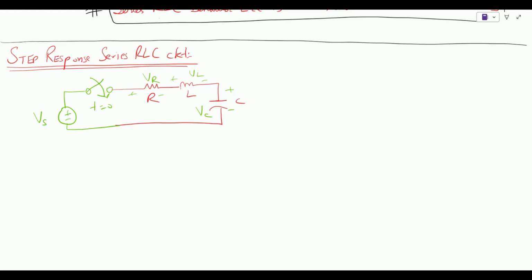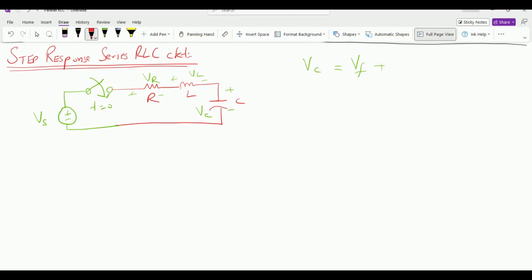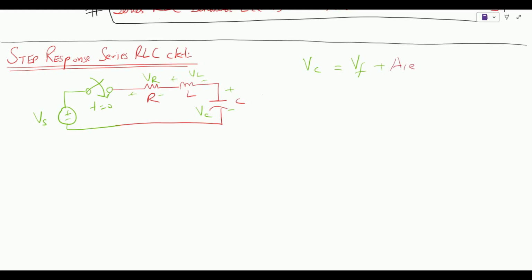This means that our final equations, let's say V of C for the overdamped case, will be V of F, which is the voltage source applied, plus our original equation, which can be written as A1 bar e raised to power s1 t plus A2 bar e raised to power s2 t. To differentiate, we just add the bar sign.